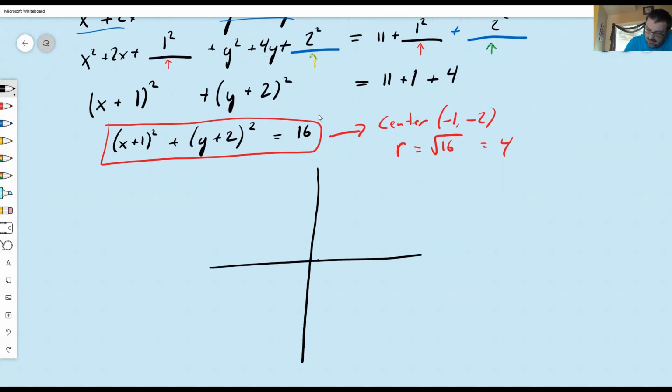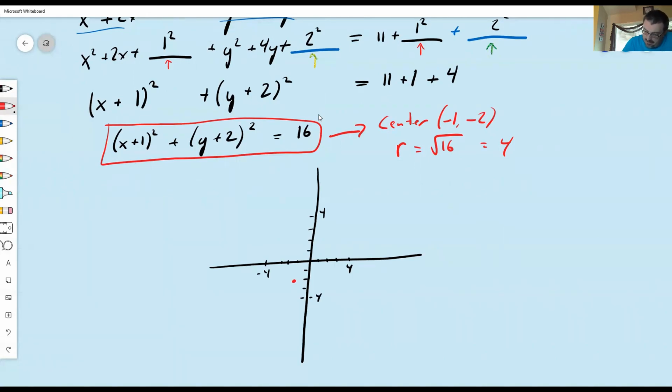We're going to graph it. So (-1, -2), right there.